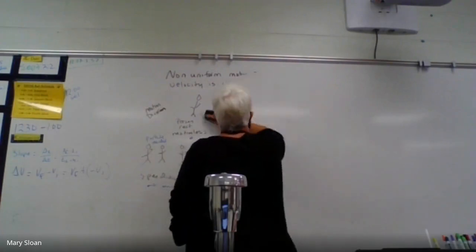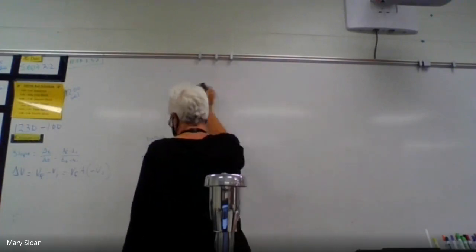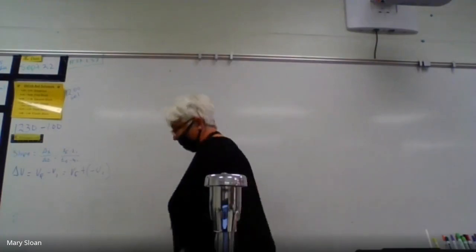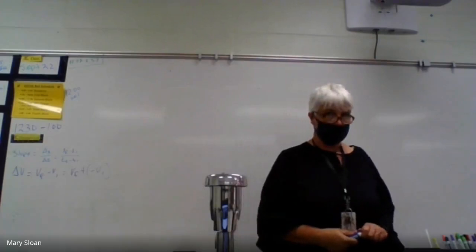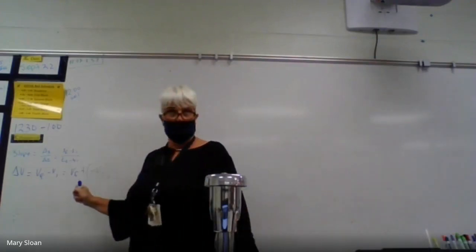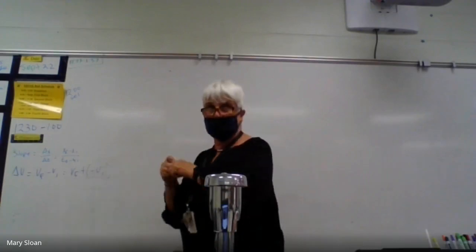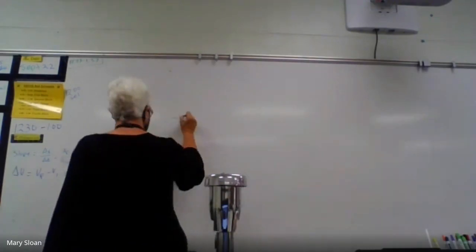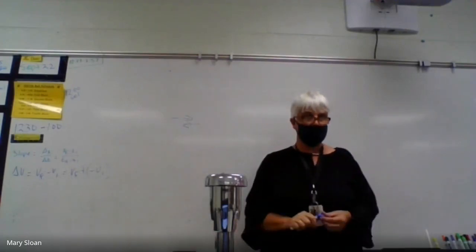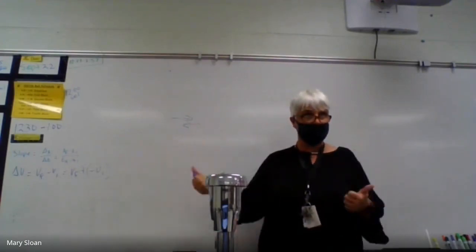Now, why do I have that set up that way? Is it kind of to check your answer, make sure it's right? If it is a negative velocity, so in other words, say you're going this direction, and then you're going in that direction, right? You changed your velocity, didn't you?